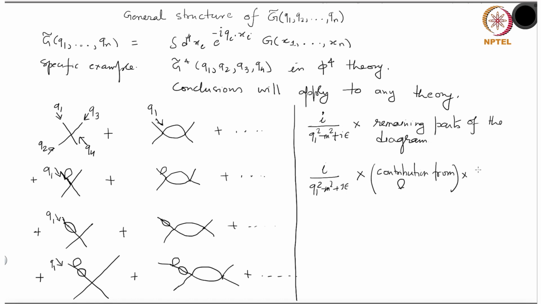So you'll have again i over q1 square minus m square plus i epsilon times the remaining parts of this diagram. And you see the remaining parts of this diagram are exactly the same as the remaining parts of this diagram. So let me write remaining parts of the diagram.